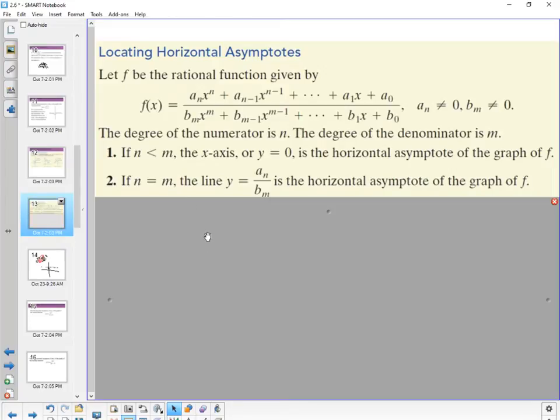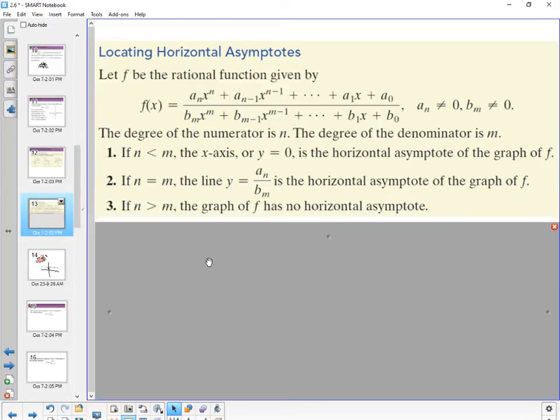Last rule. It's when the numerator is bigger than the denominator. In this case, there is no horizontal asymptote. But there's a but.